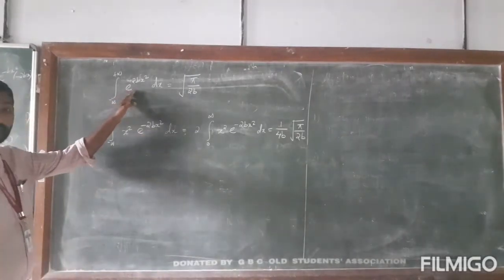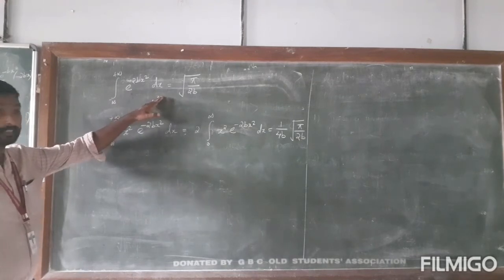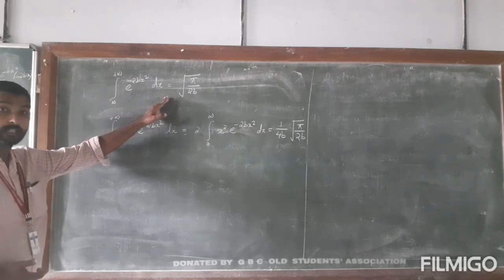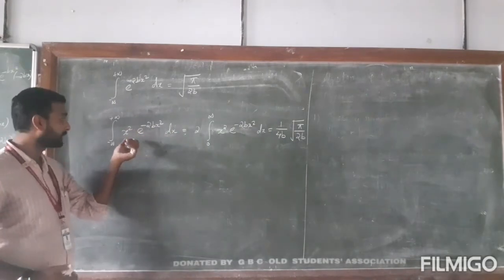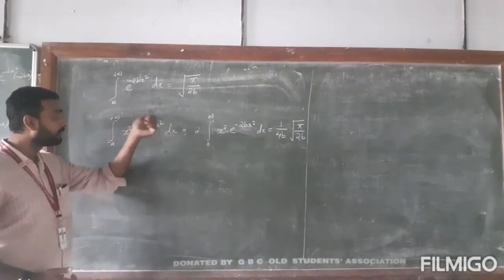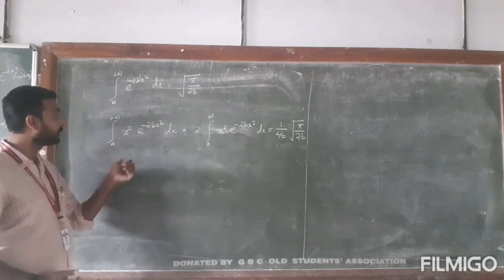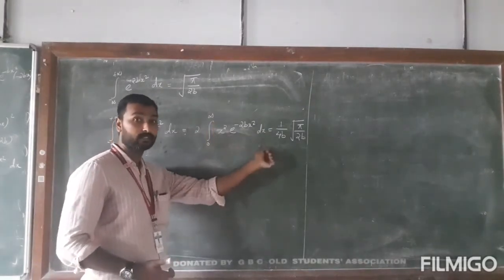The first one we already discussed. It is nothing but the integration of a Gaussian function, a well-known thing that I discussed when we found the normalization constant of the wave function. And the second integration is again a simple thing. If you look at the second integration, it is an even function. So the integration from minus infinity to plus infinity can be written as 2 times the integral from 0 to infinity of this.